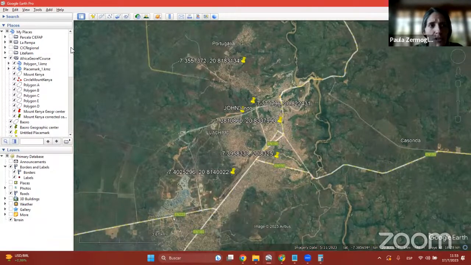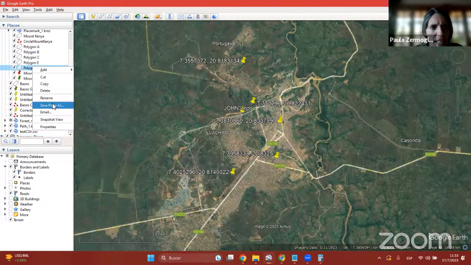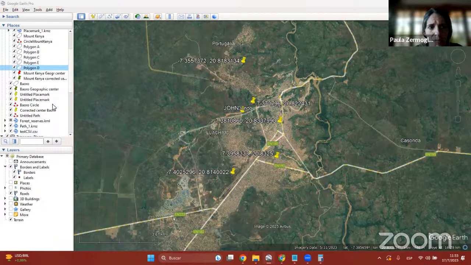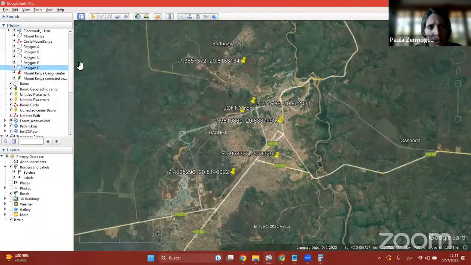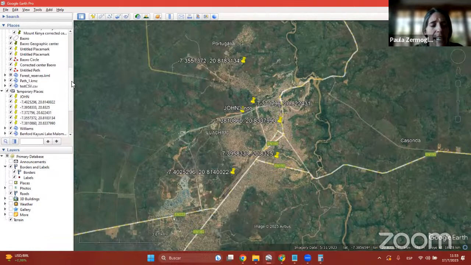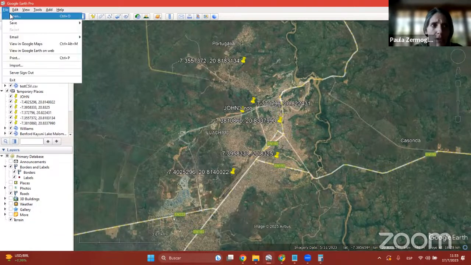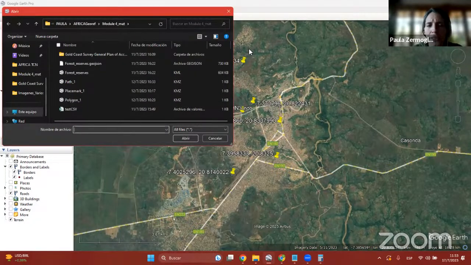If you save it to your computer, for example, I have here Polygon D, I can choose Save Place As, and I have to choose one destination in my computer. You can do it from My Places or from the temporary places. To be able to see it, you have to come to File, Open, and then search for the polygon.